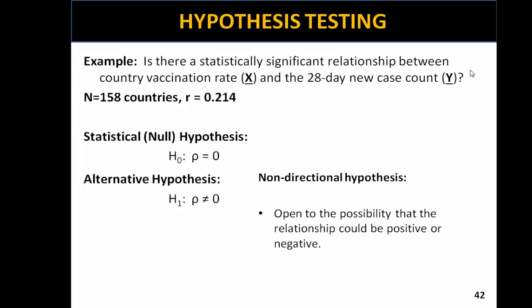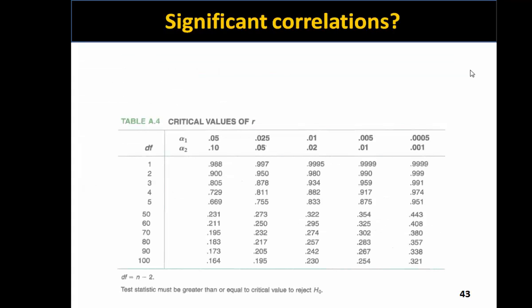So we're open to the possibility that the relationship here could be a significantly positive correlation or a significantly negative correlation. It could be direct or it could be inverse. Therefore, the advantage of using non-directional hypotheses for the alternative keeps the possibility that the difference could go in one or two directions.